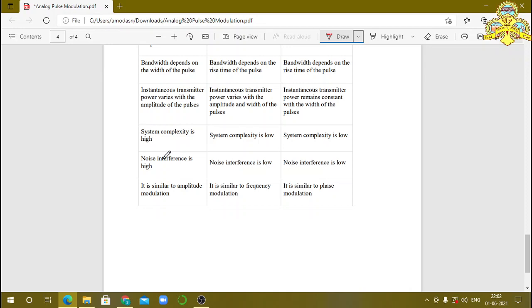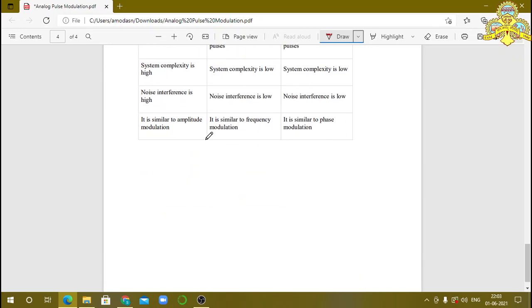Due to that the noise interference is very high. And in the PPM and in PWM the noise interference is low, because here amplitude is constant. Here the width of the pulse changes, here the position of the pulse changes. In both the cases the amplitude is constant, therefore the noise interference is low in PWM and in PPM.